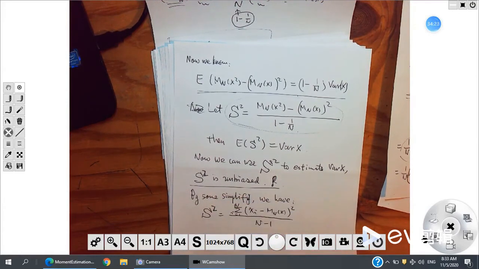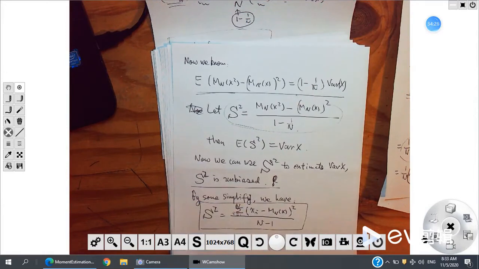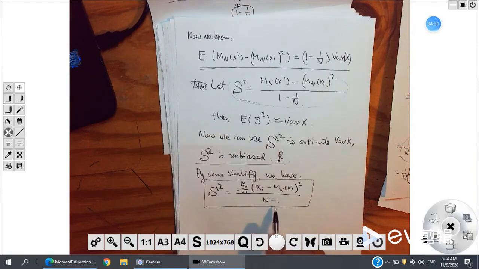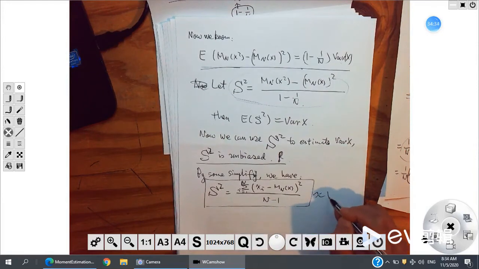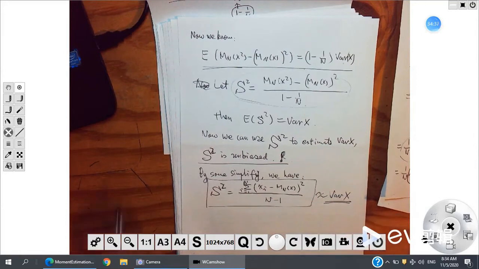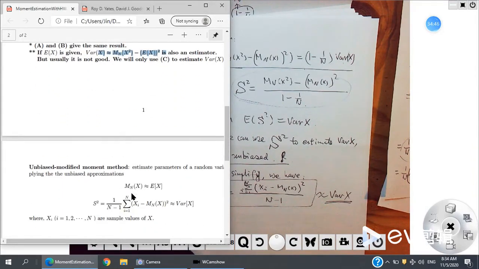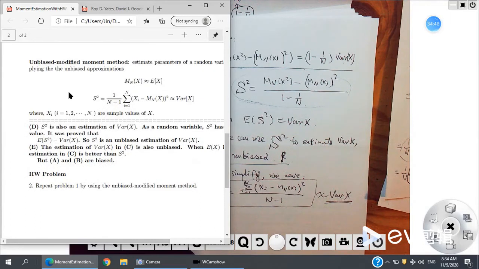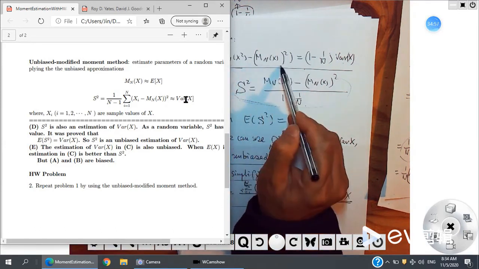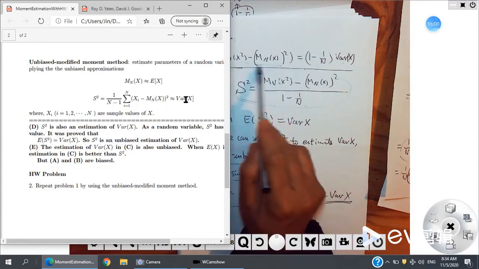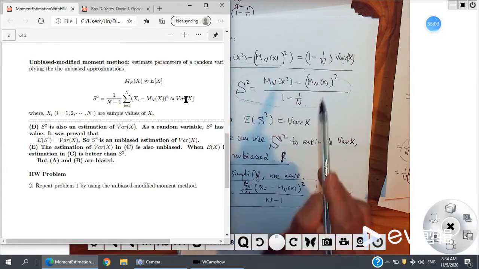So we can just use this one as an estimation of variance. You can see I have put it here. And we call it a modified moment method, unbiased modified. We are not using moment directly. If we use moment directly, we need to use this one as an estimation of variance. Now, I do not use this.